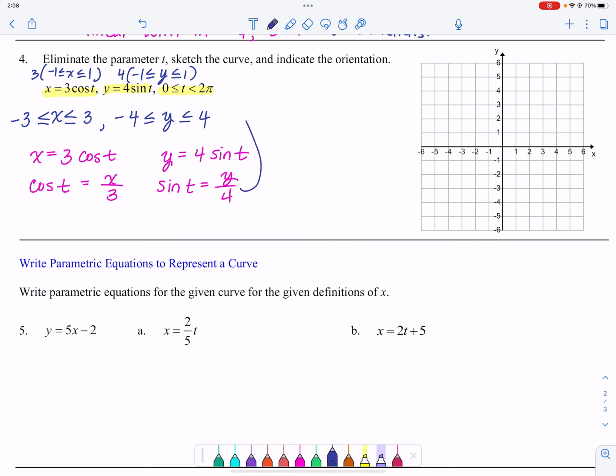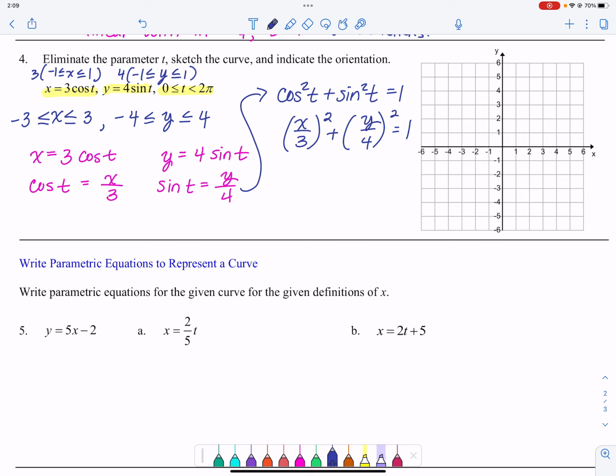Using what we already know, our identity that the cosine squared plus the sine squared of an angle is equal to 1, we will have x over 3 squared plus y over 4 squared is equal to 1. And that becomes x squared over 9 plus y squared over 4 equals 1. And you guessed it, we have an ellipse.